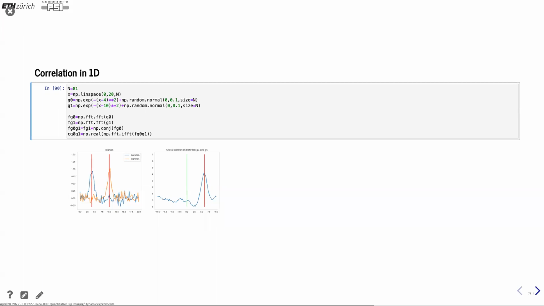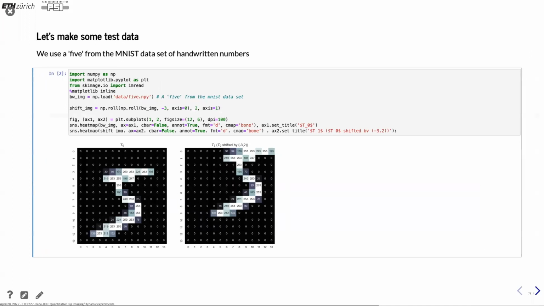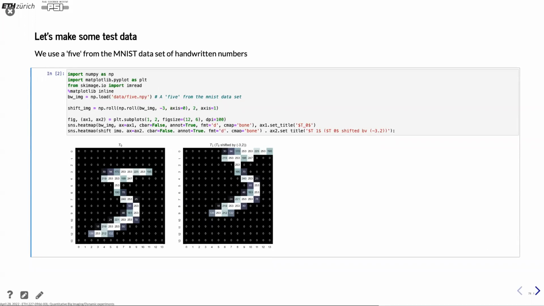So the green one here is just the 0 position, the starting point, and this is the displacement. So that's actually a pretty good tool to identify where you have displacements. And of course, it also works in 2D. You just have to use the 2-dimensional Fourier transform.